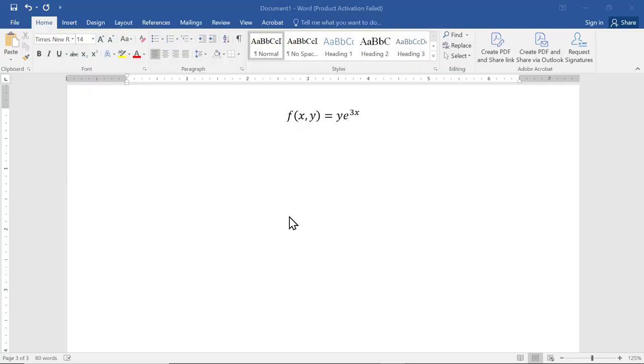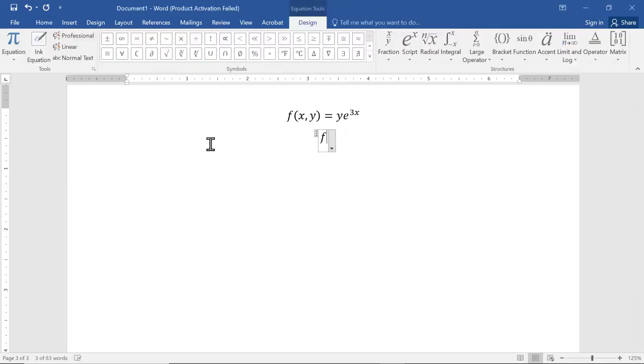All right. So the basic idea is always the same. Take the derivative with respect to x first. That is going to be y times e to the 3x multiplied times 3. So we get 3y e to the 3x. The derivative with respect to y is just going to be 1 times e to the 3x.